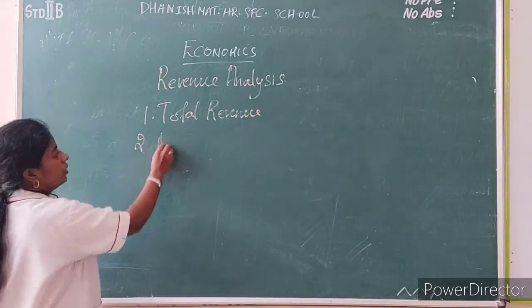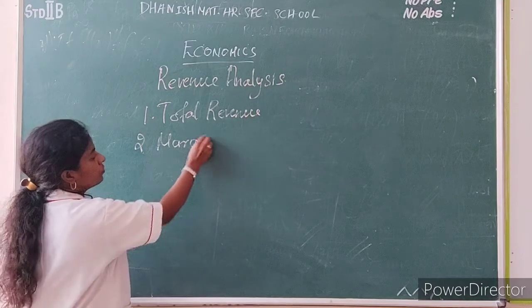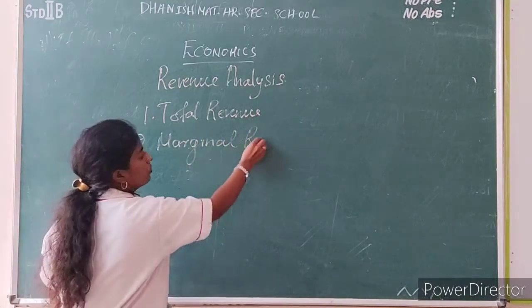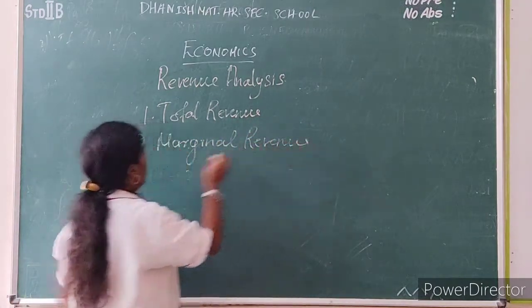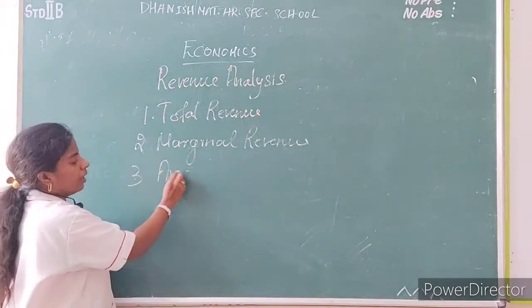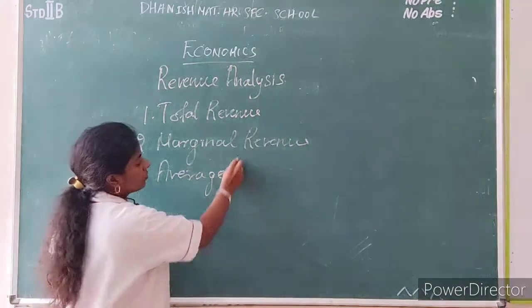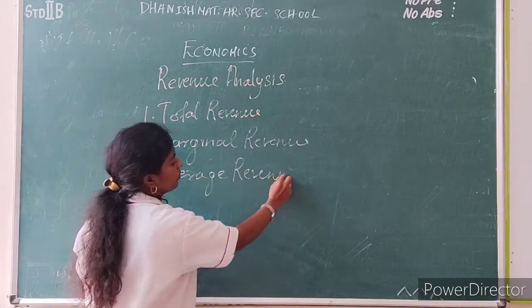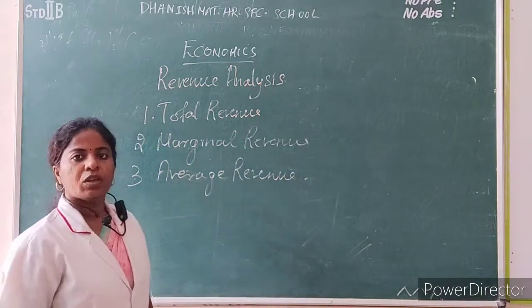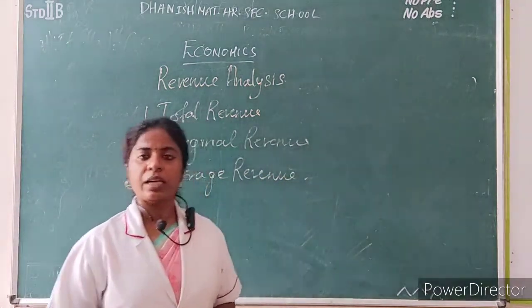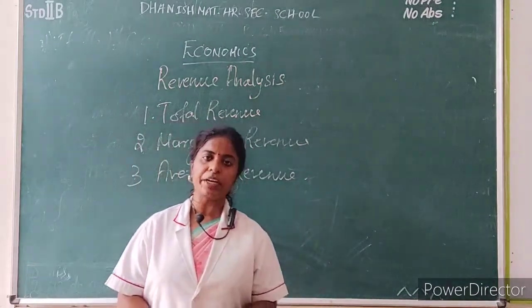Second one is marginal revenue. And third one is average revenue. Okay. So this is revenue analysis, that is, revenue which has been divided into three.